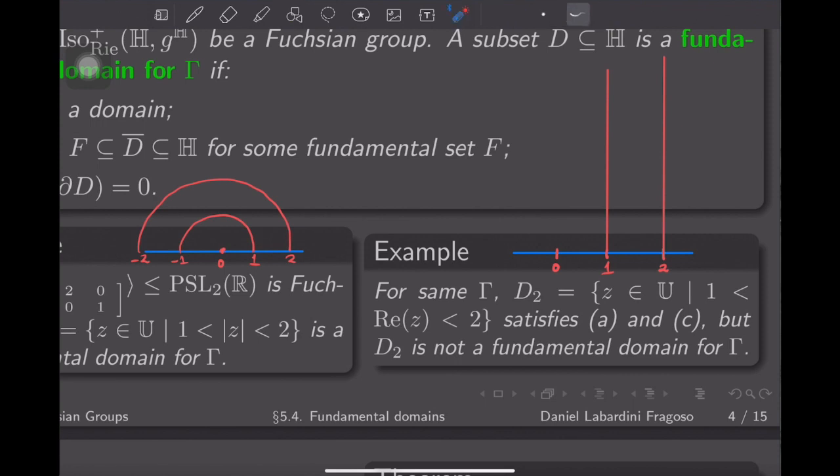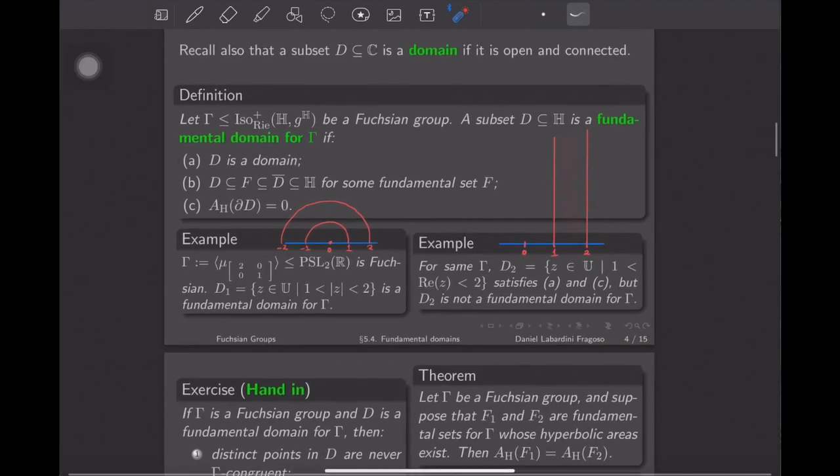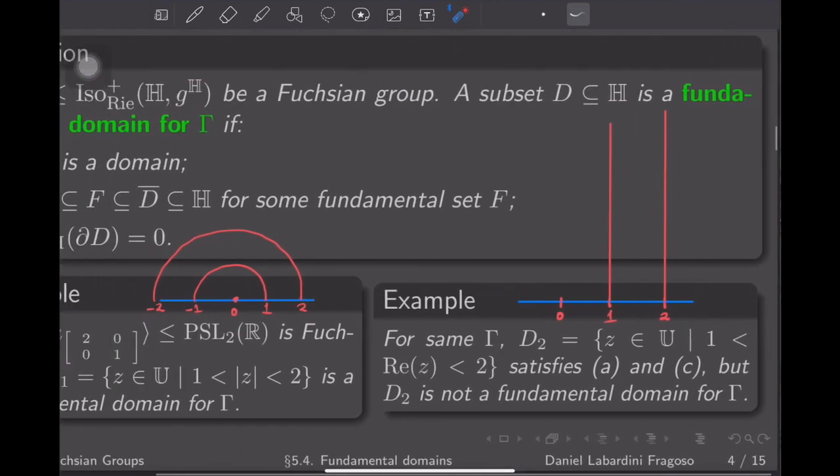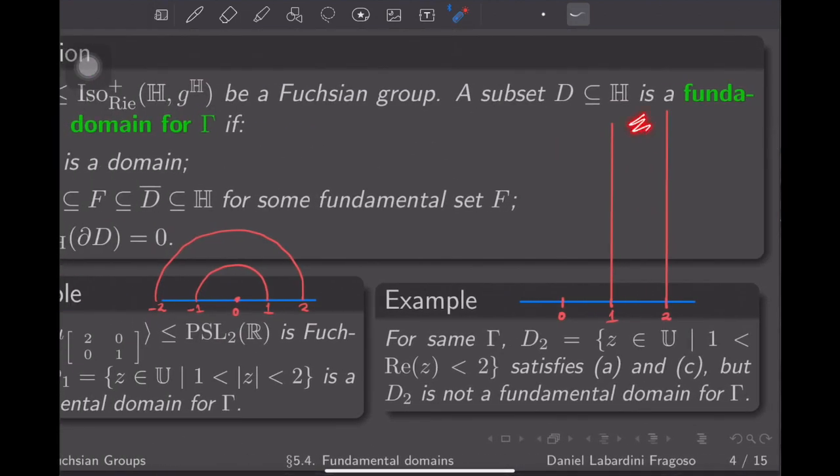Yeah, and you see this region satisfies to be a domain. It also satisfies that if you give me 2 points here in this D2, two distinct points, they are not in the same gamma orbit. However, D2 is not a fundamental domain, right? Because with this, it is impossible to obtain the negative quadrant.